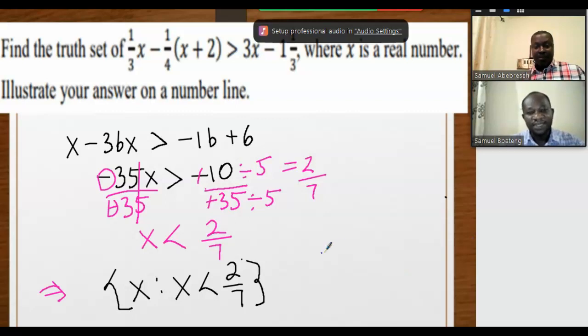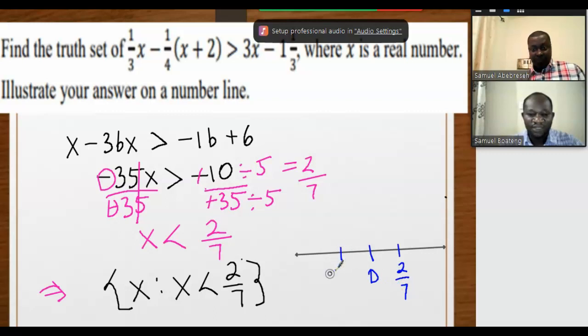Now, the second part is to illustrate your answer on a number line. So you draw your number line. Once again, you divide it. 0. Okay, one part, 2 on 7.